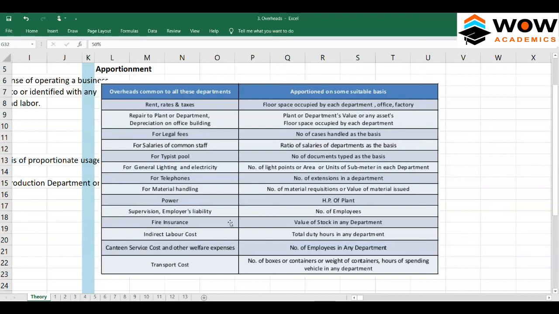Fire insurance on the value of stock in each department. Indirect labor cost on total hours of work in every department. Transport cost on number of boxes, containers, or weight of containers, or hours of spending vehicle in any department. So you could see here, for every cost there is some logical basis.